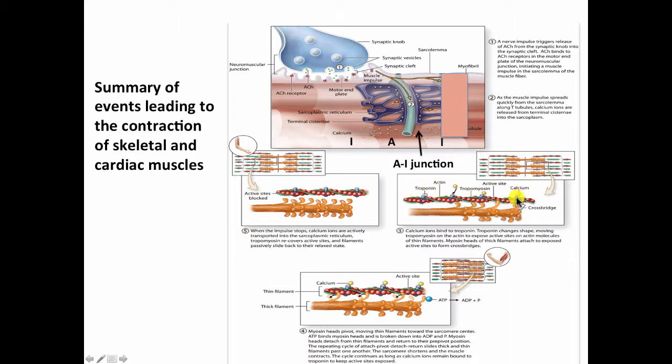And when calcium binds to troponin, it causes the tropomyosin, which is currently blocking the myosin binding site on actin, to move out of the way so that myosin can now bind to the binding site on actin.